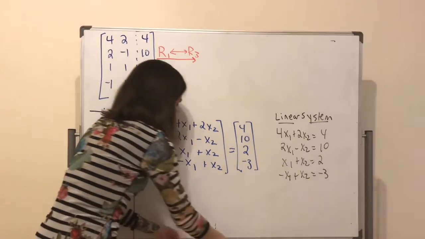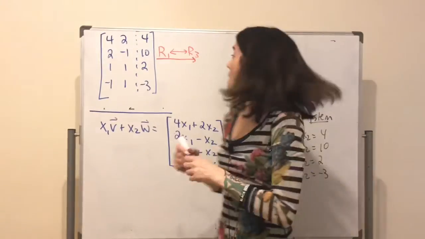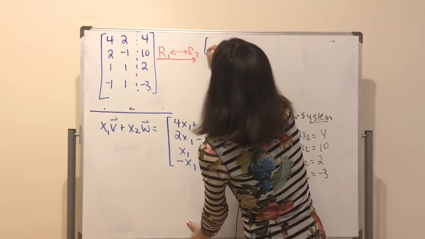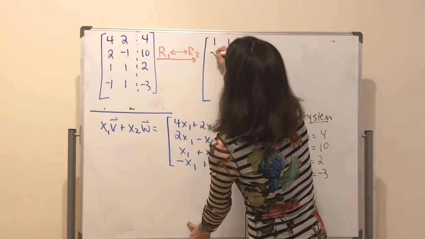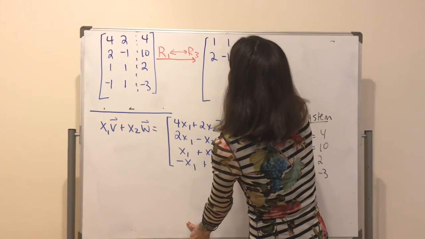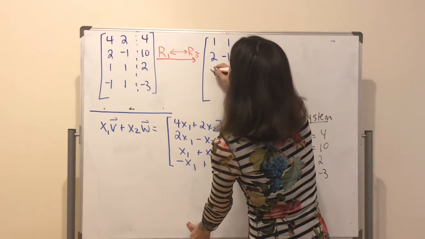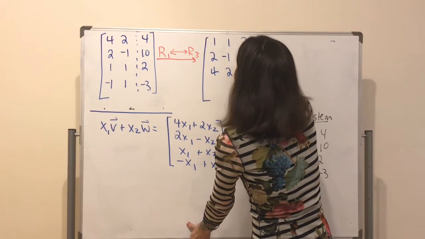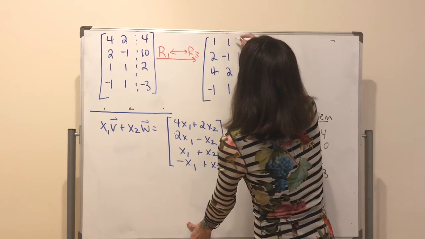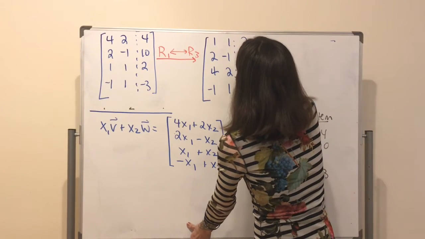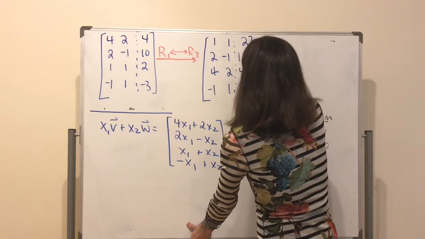Then we write the corresponding augmented matrix here: 1, 1, 2, 2, minus 1, 10, 4, and minus 1, 1, minus 3.